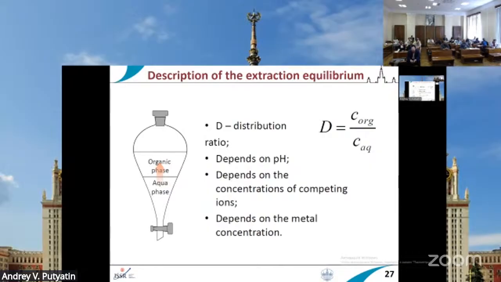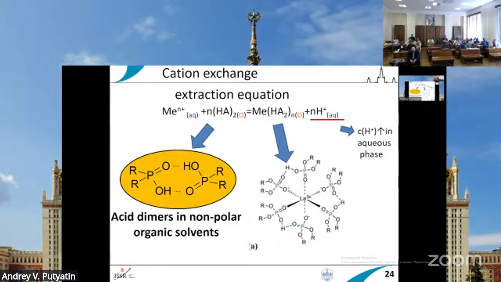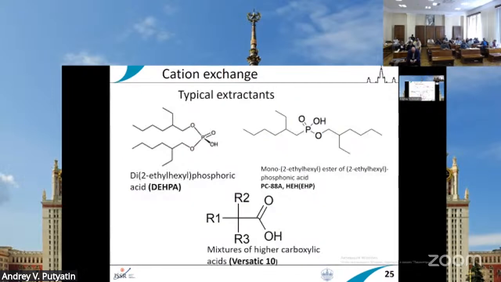And if we try to highlight the relationships between the distribution ratio and some parameters of the extraction system, it's a very complex relationship. The distribution ratio depends on pH, especially in the case of cation exchange.